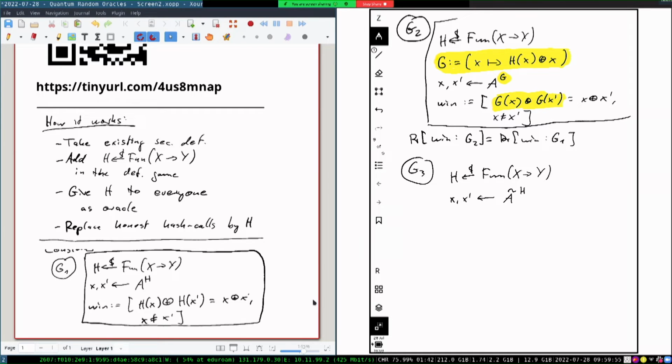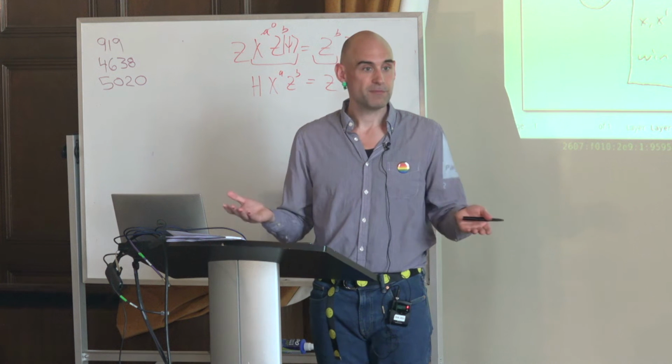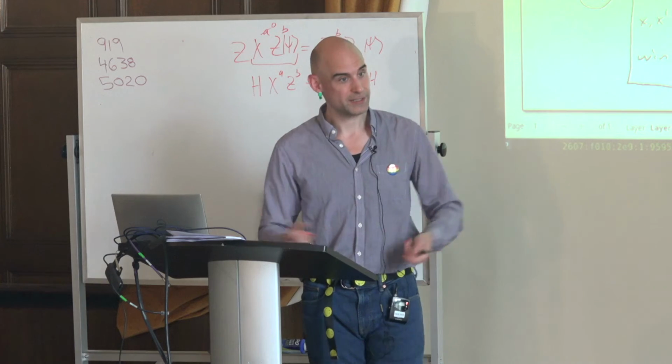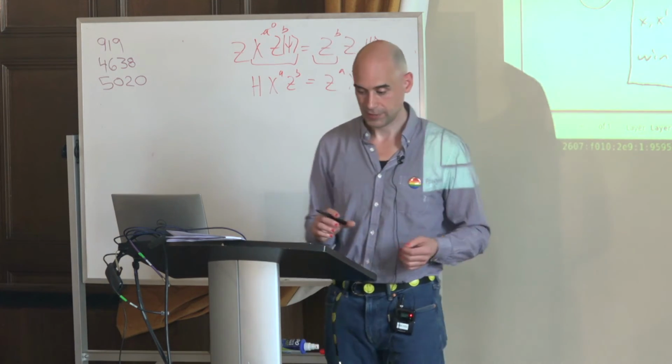In more complicated cases, you may need several queries, but most of the time it works. But make sure to check that it really works, because you can also write down definitions of G that you cannot evaluate using an H oracle.